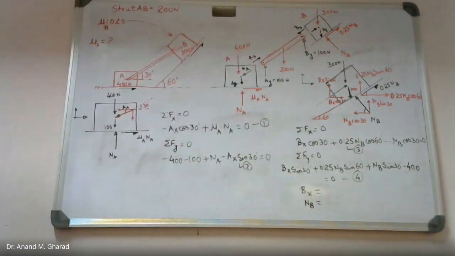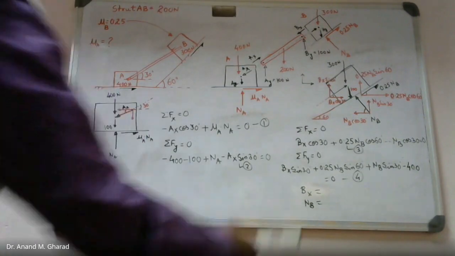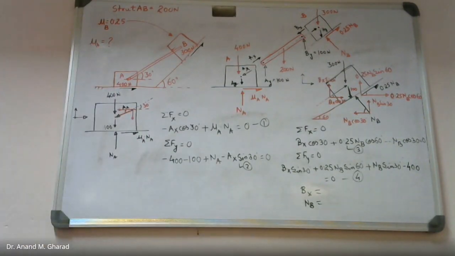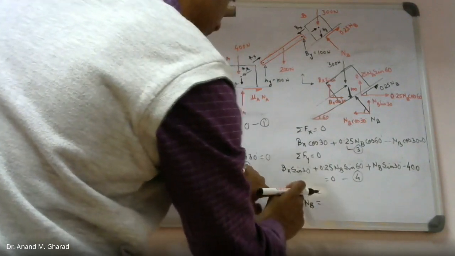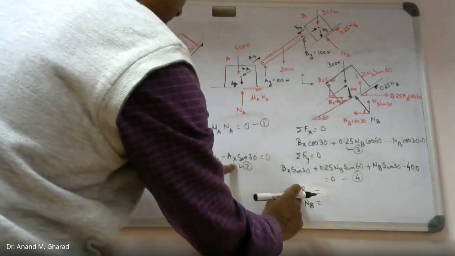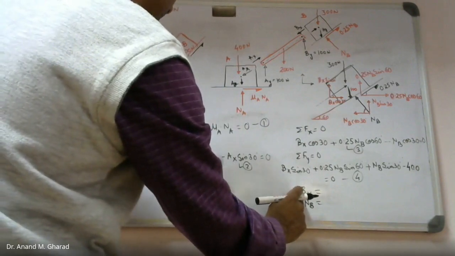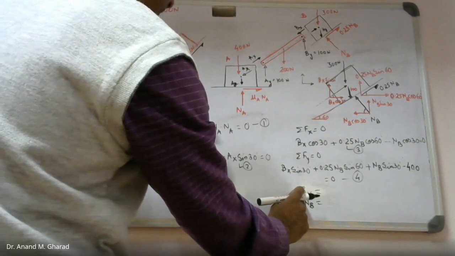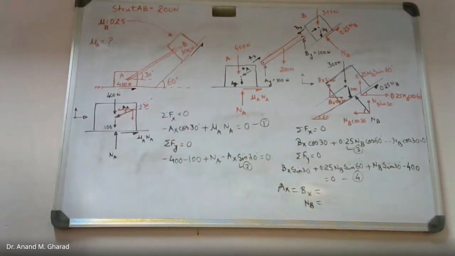And then you can substitute the values. Okay, you can substitute the values. Since Ax is equal to Bx, we have already found out. So since Ax will be equal to Bx, whatever Bx value you will be getting, that will be true for this equation. From here you will be getting Na, and once you get Na value, and Ax is known to you as Ax is equal to Bx.